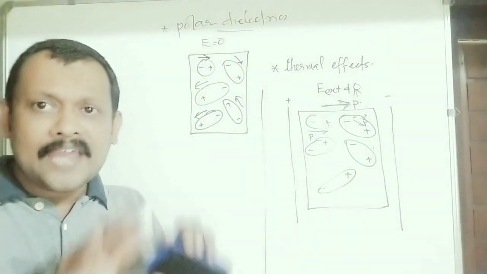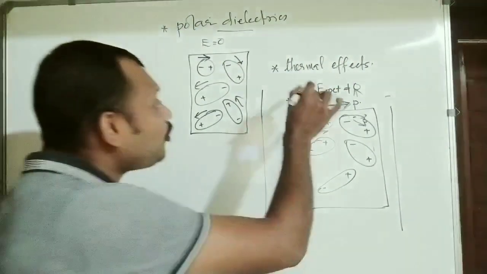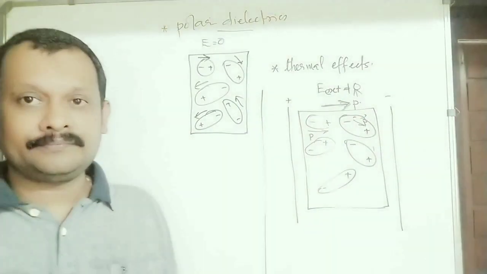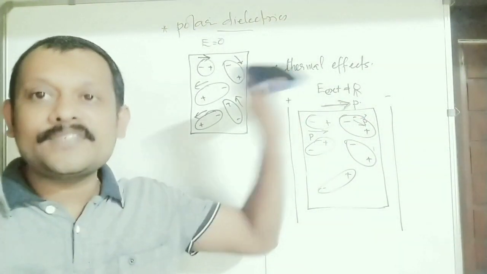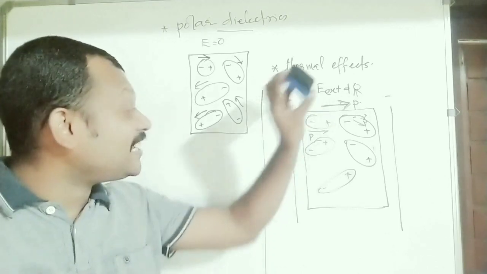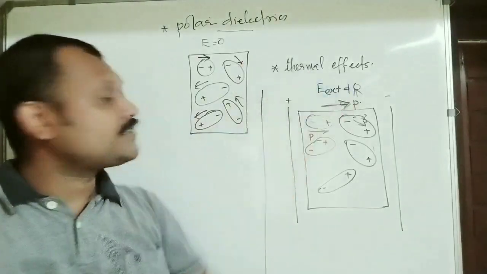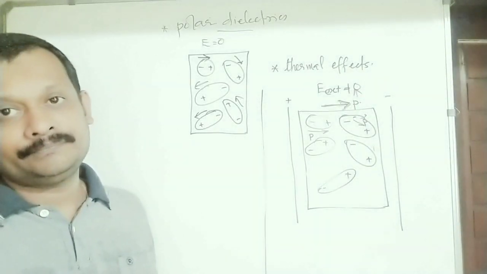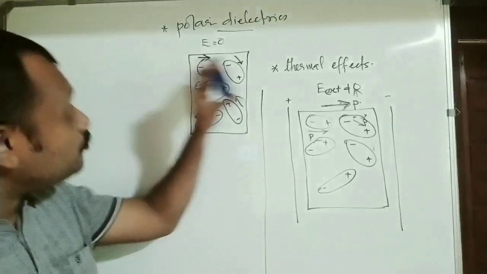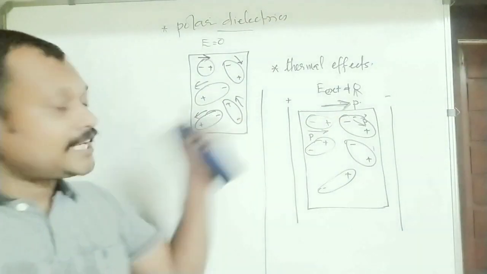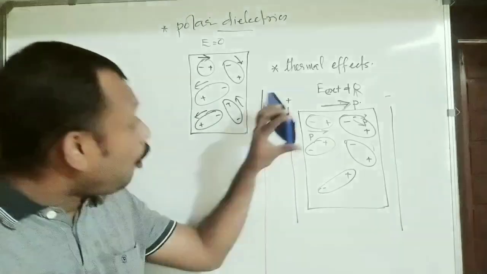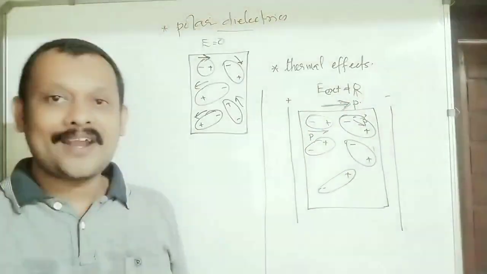Then the question I would like to ask you: what is the role of this external electric field? What is the importance of this external electric field here? As you can see from these two figures, the significance of the external electric field is in orienting these dipoles, right?